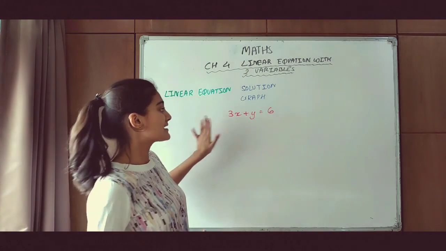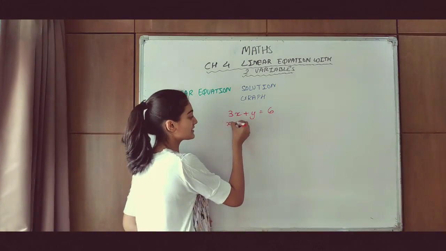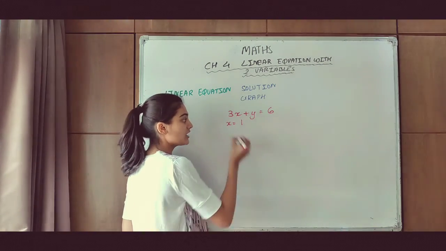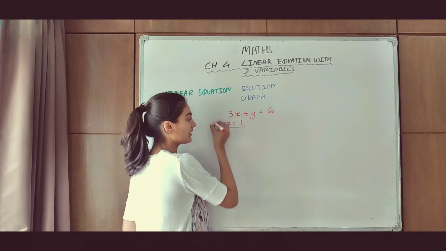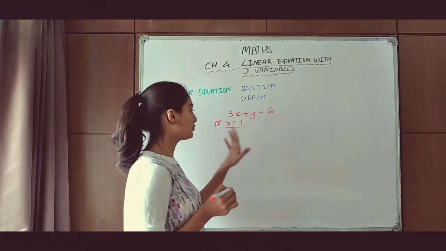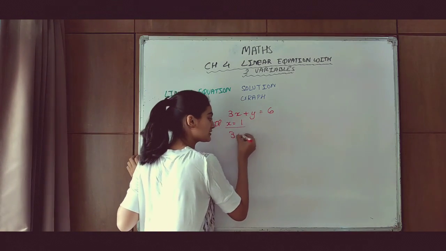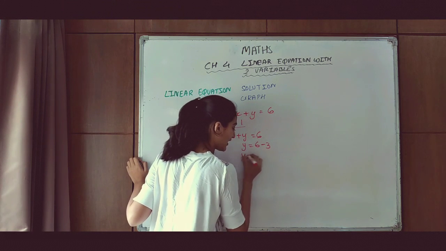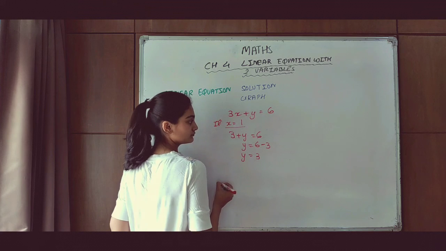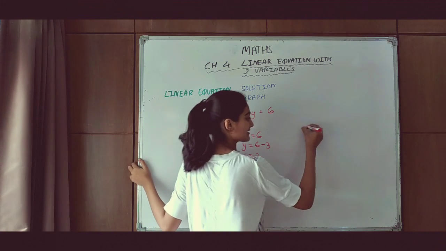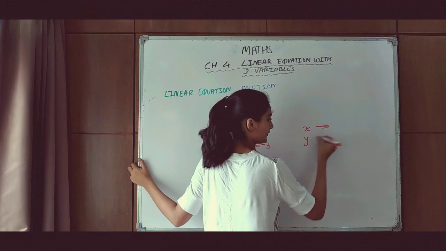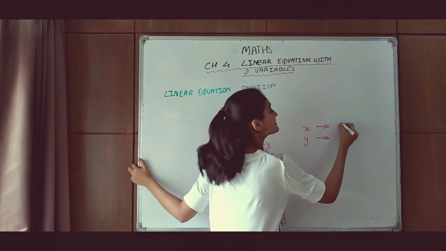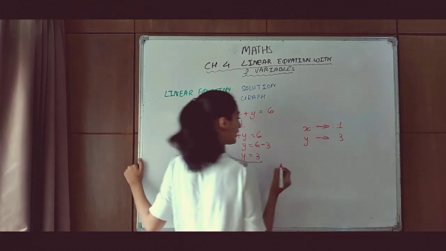Okay, so let's assume that x is equal to 1. So if x is equal to 1, then 3 plus y is equal to 6. y is equal to 6 minus 3, therefore y is equal to 3. So if x is equal to 1, then y is equal to 3.